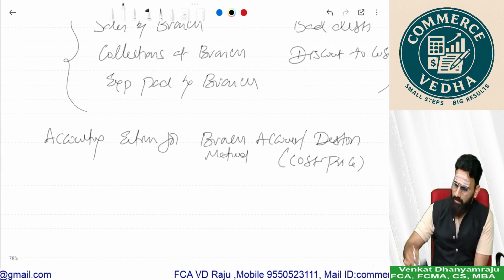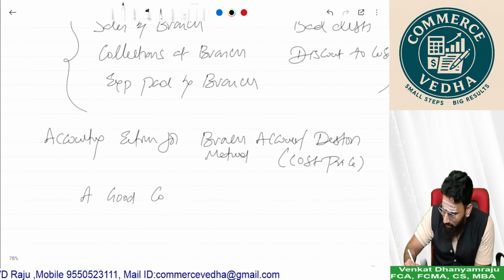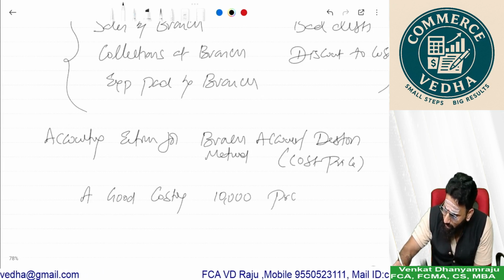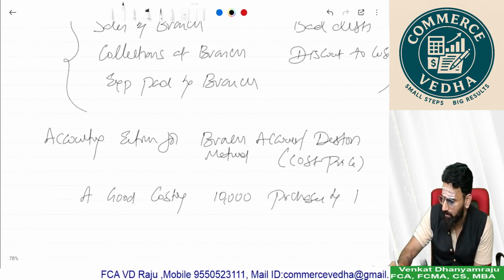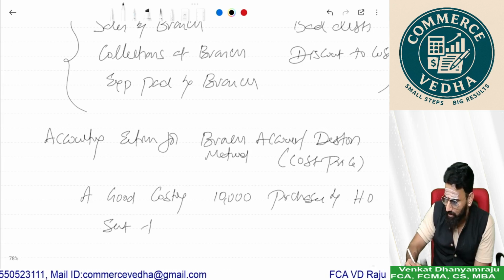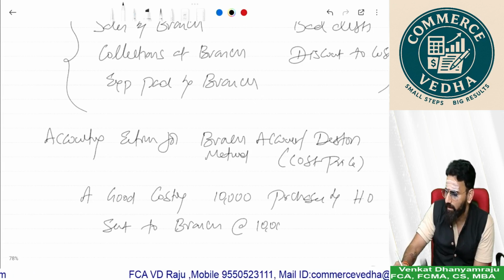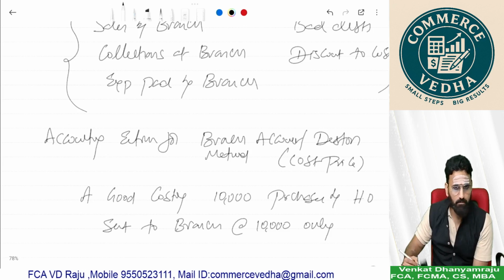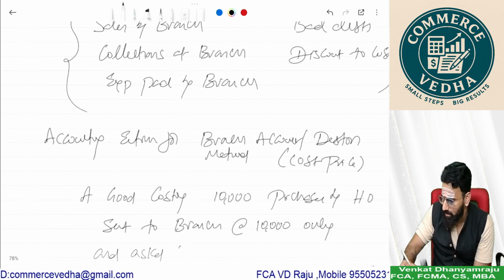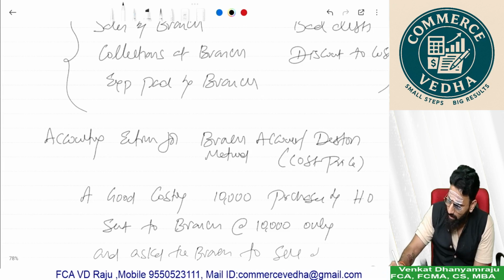Listen, suppose a good costing 10,000 is purchased by head office and sent to the branch at 10,000 only, and the branch is asked to sell at 12,000.